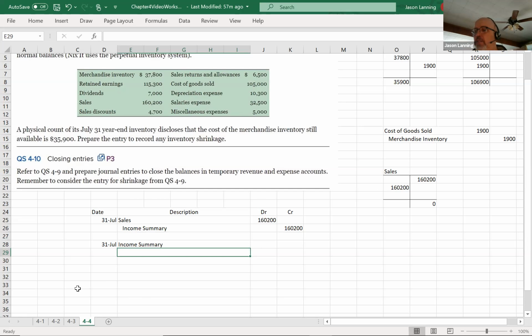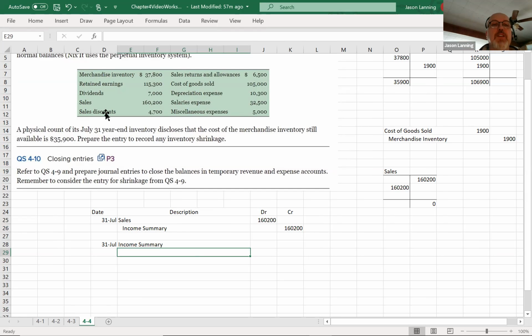So what we'll look at here is income summary. We won't know the debit amount on that yet. We're going to do our expenses here, and then we'll see what we have as a total of the expenses, and then that'll be our credits, and then we'll total for the debits.